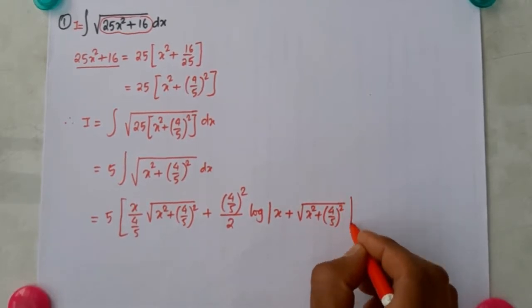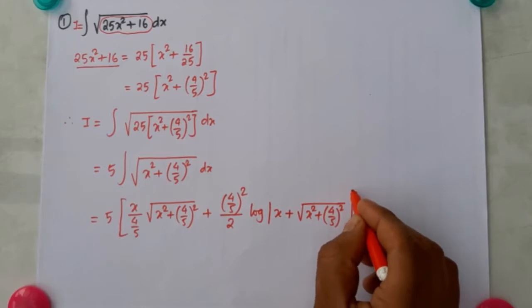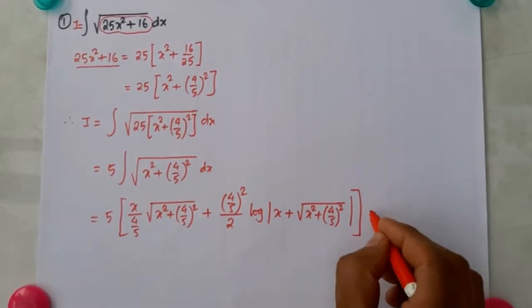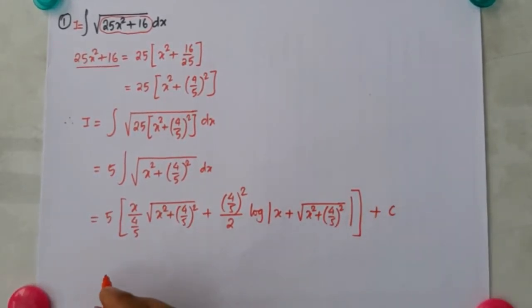Close the modulus sign and close the bracket also. Now you can put a constant of integration.